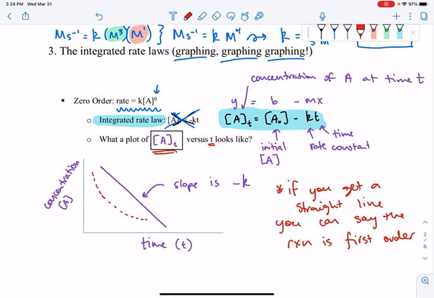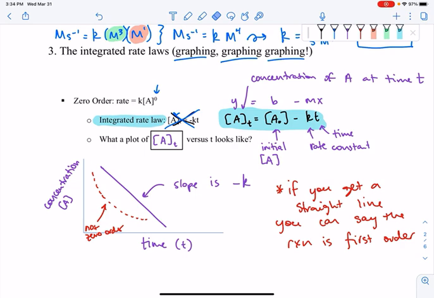Since it's curved, we know that this is not zero order. This way of graphing is a diagnostic tool to see, is the reaction zero order? It is considered a zero order reaction if, when you plot concentration versus time, you get a straight line.